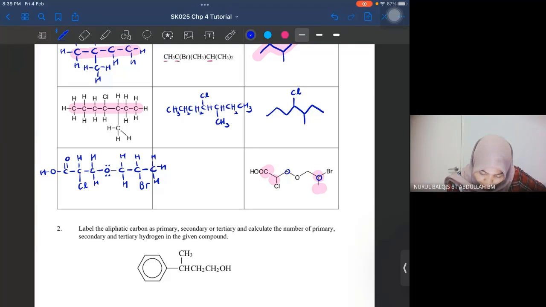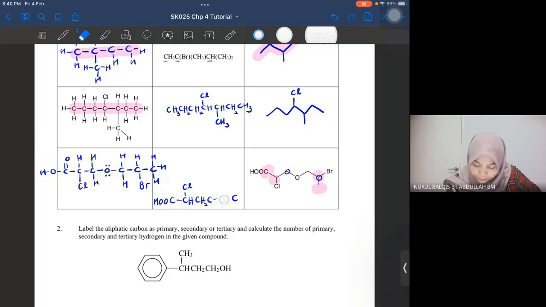1, 2, 3, 4, 5, 6 juga. Tapi kat sini we have COOH. Okay. And then we have CHCl. Then we have CH2. Alah, saya tertinggal O dia. 1, 2, 3.